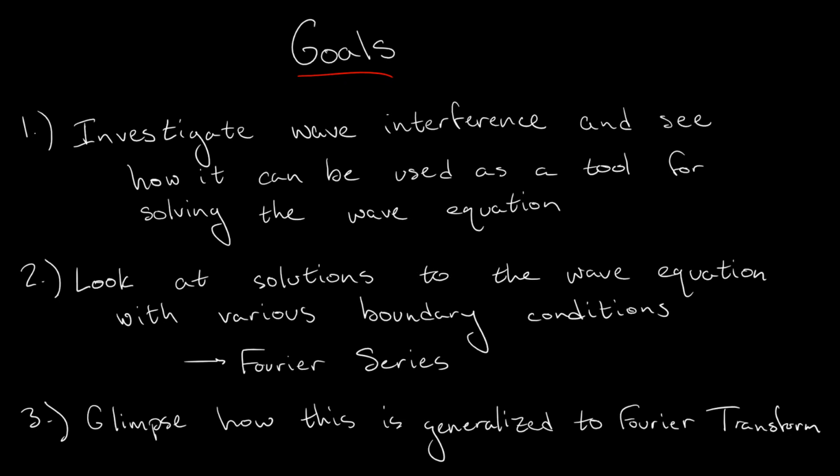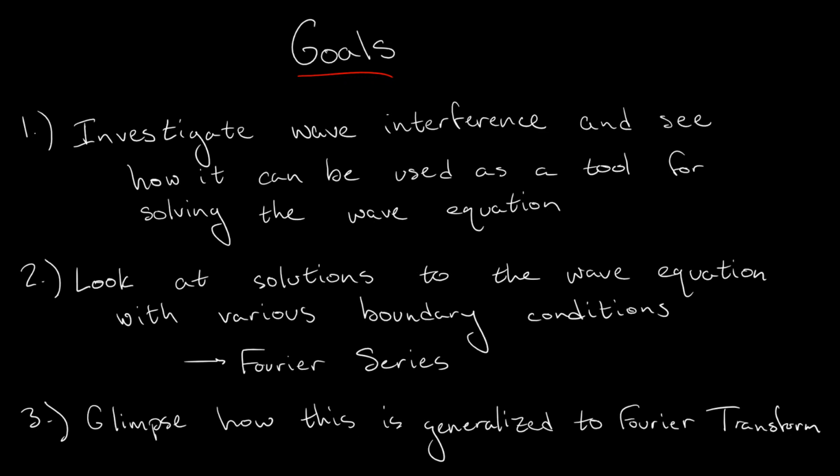The first thing we're gonna start out by looking at is wave interference and what happens when we start adding different waves together, and how we can use it as a tool later on for actually solving the wave equation with specific boundary conditions.